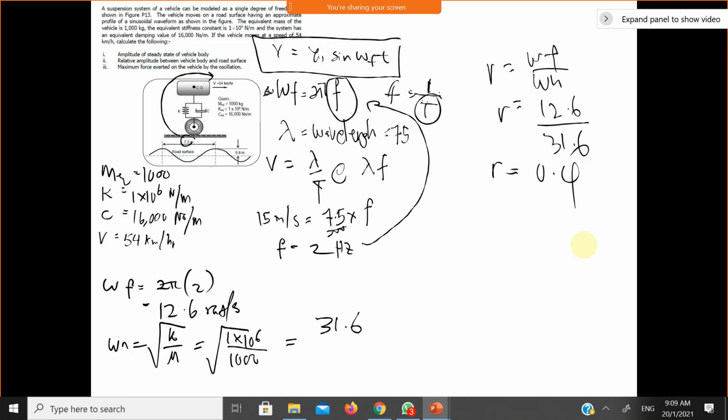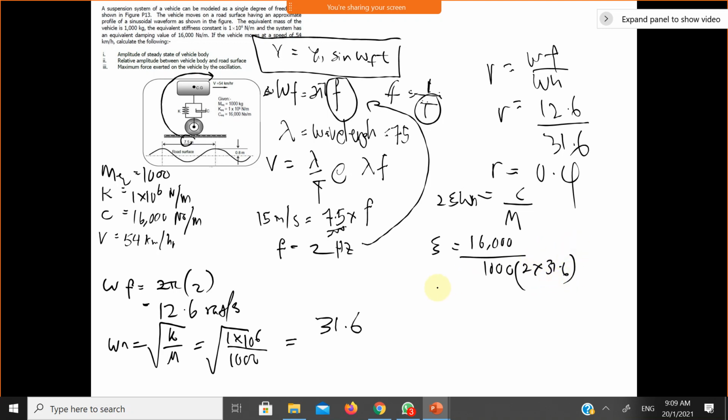Alright, so once kita dapat 0.4, then kita boleh tak dapatkan zeta? Boleh kan, guna formula lah. So 2 zeta omega N equals C over M. Then zeta equals to C is 16,000 over 1,000 times with 2 times 31.6.